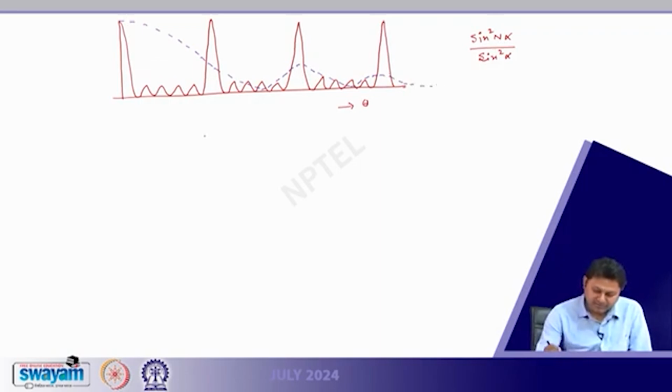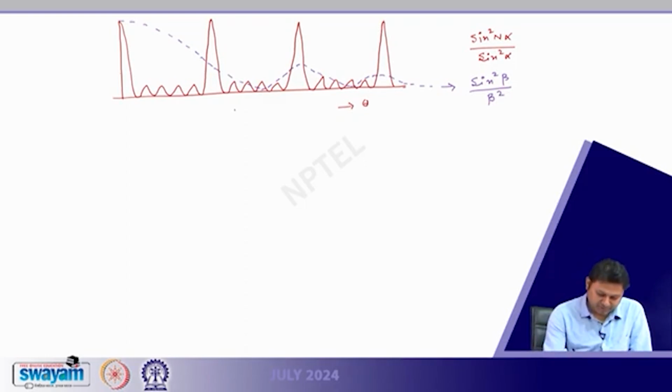So this dotted line corresponds to sin square beta divided by beta square.